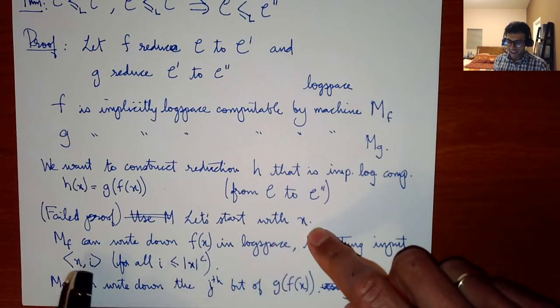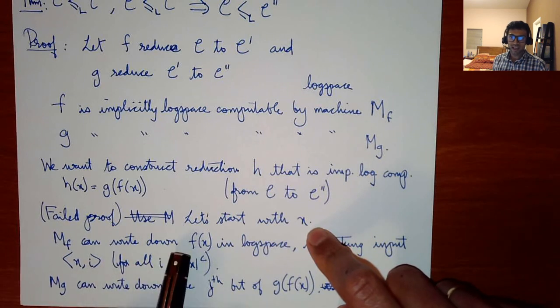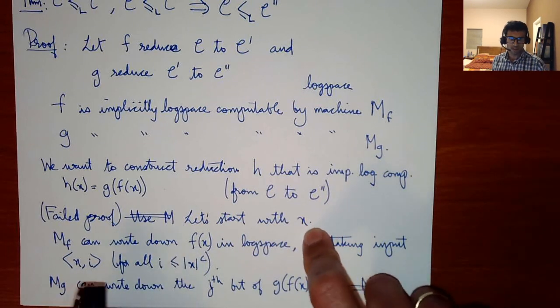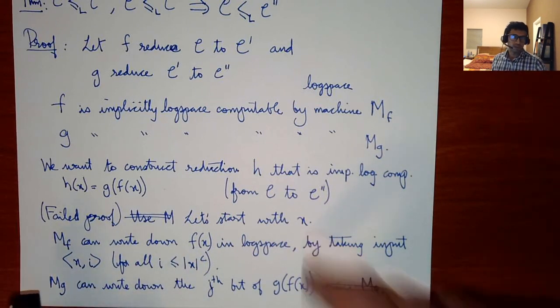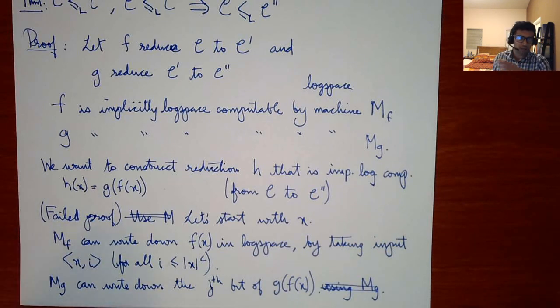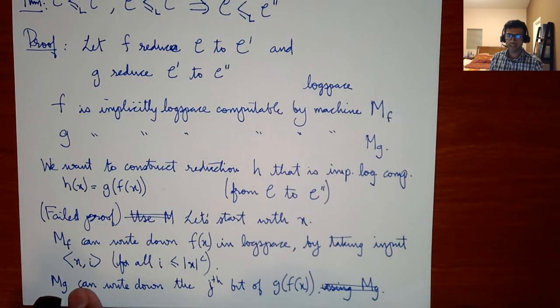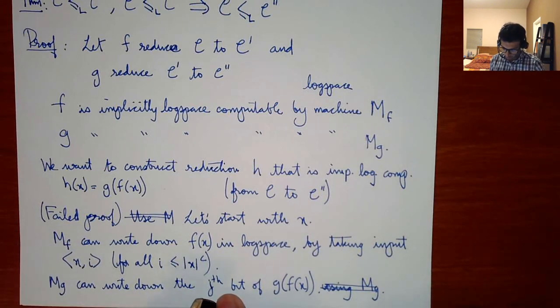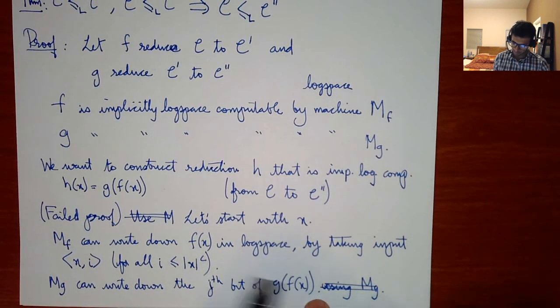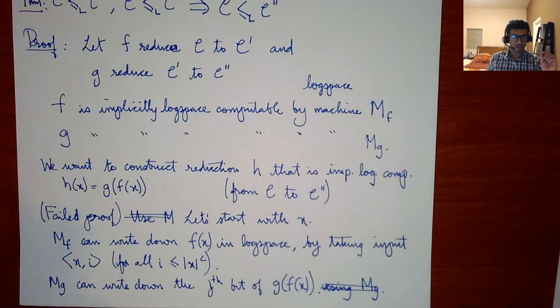Now we know that for any i, we can write down the ith bit of f of x in log space. So I'm just going to write down all of f of x just by incrementing i: I start with 0, 1, 2, 3, and write down all the bits of f of x. Then I take my next log space machine, M sub g, and that is going to write down the jth bit of g of f of x, because f of x is now its input. And that gives me the reduction. What's the catch?